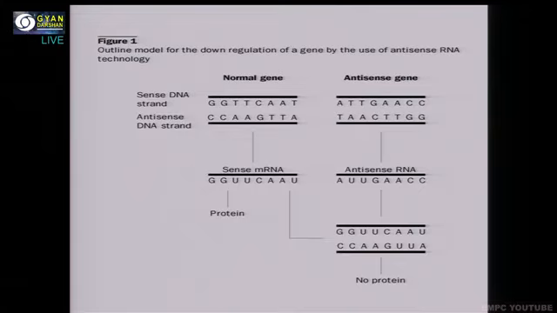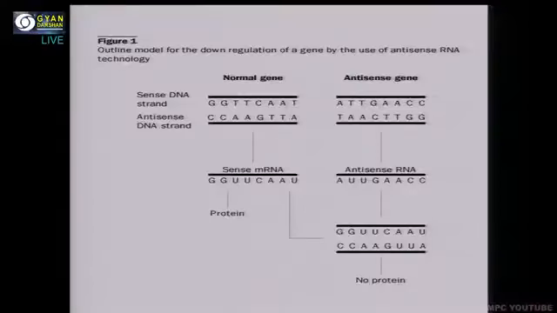That means instead of taking the normal gene, you take the antisense version of this gene and you try to clone the antisense RNA, so that the sense RNA and the antisense RNA will form an RNA-RNA hybrid, and thereby they will lead to the silencing of the gene or non-functional gene.